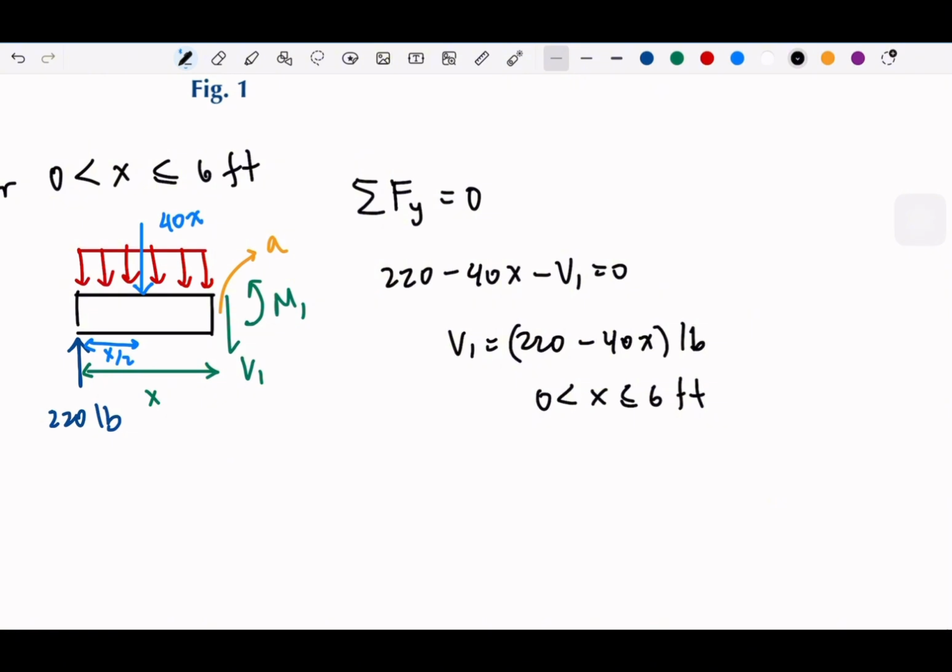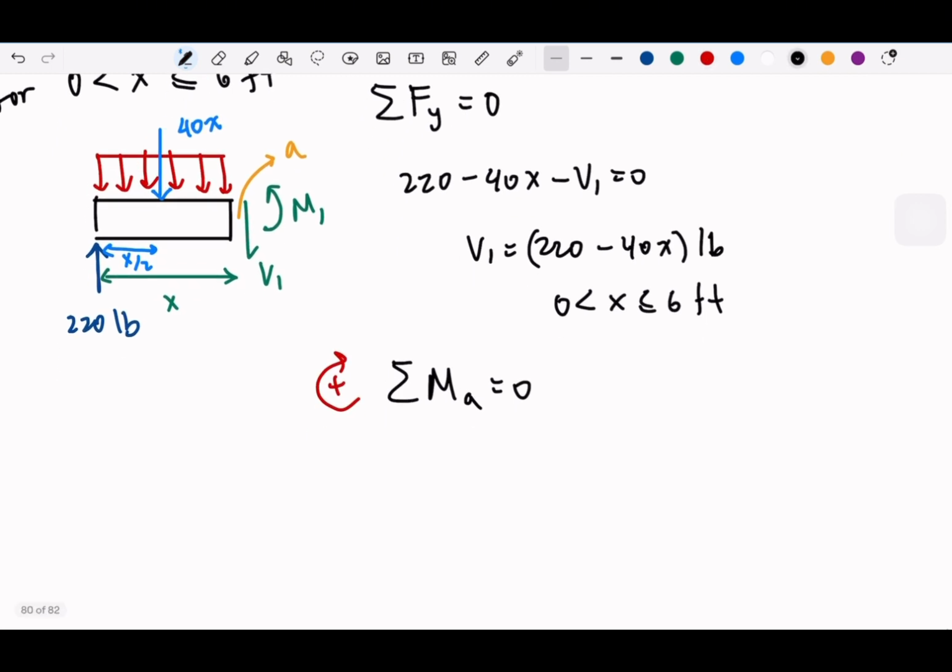And then for the moment, we can take the moment at A equals 0, taking this as positive. So 220x minus 40x times x over 2, minus M1 equals 0.